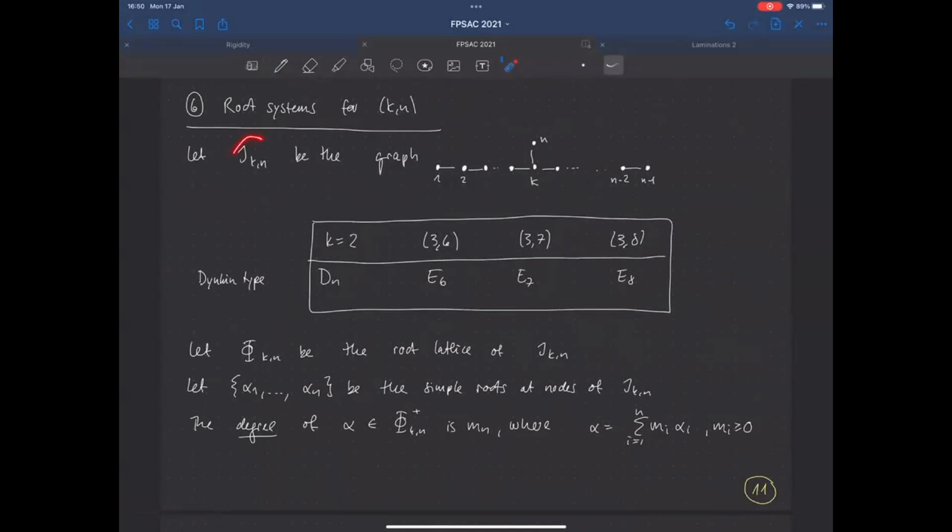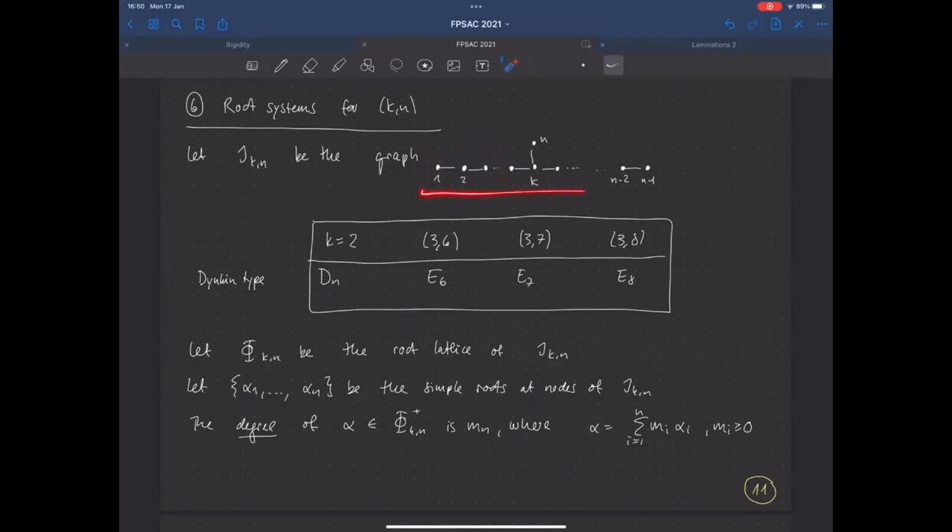If we take this graph J_{k,n}, which has n-1 vertices in a line, and then an extra vertex at node k. So this is of Dynkin type when k is 2, because then we ignore this part and you see that this is a type D. Or (3,6), (3,7), (3,8). So these are the finite types exactly, and the associated Dynkin types are D_n, E6, E7, E8.